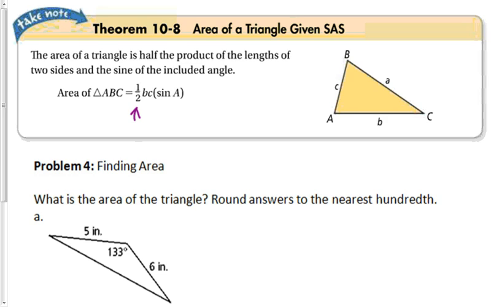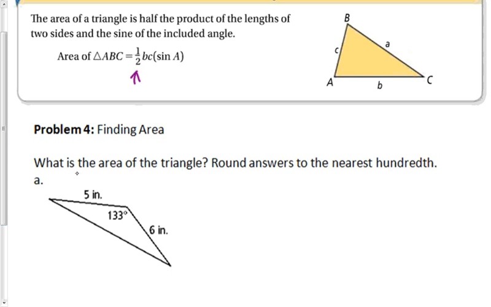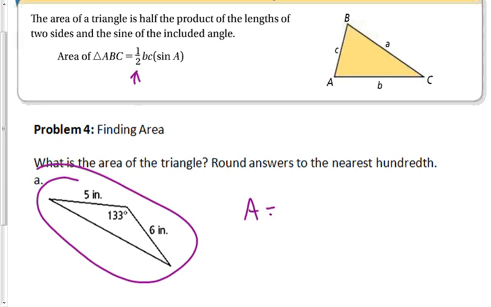So here's how it would work. I'm going to do one example because this is an awesome formula. To find the area of this, it's not a regular triangle. It's not a right triangle. We don't know the height right now. So you can use this formula. Area would be equal to 1/2 times 5 times 6 times sine of 133.